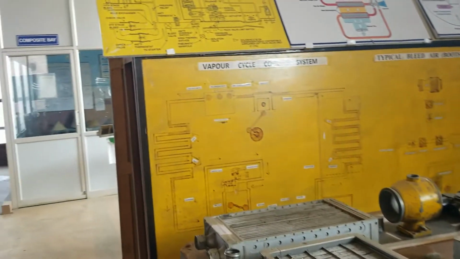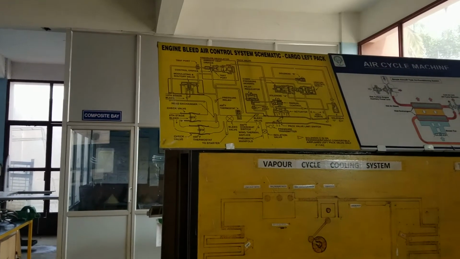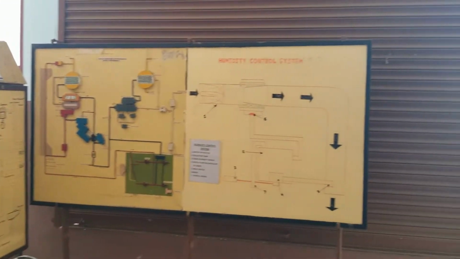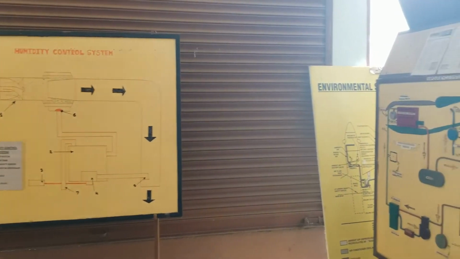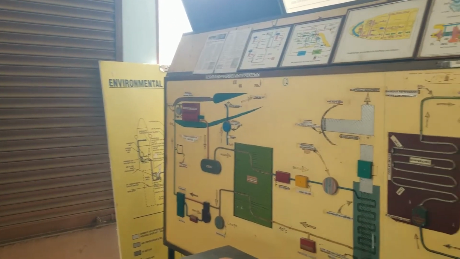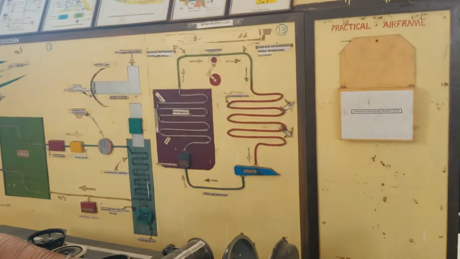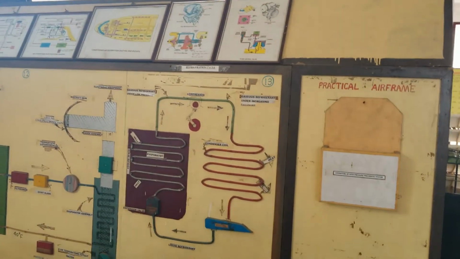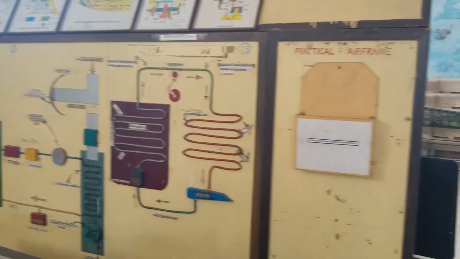You should go inside the component. What is there inside the component? What are the constructional features? How it is operated, and what are the maintenance activities done on the components? All these things should be known to you. This is a circuit diagram. How air conditioning is done inside the aircraft. That diagram.